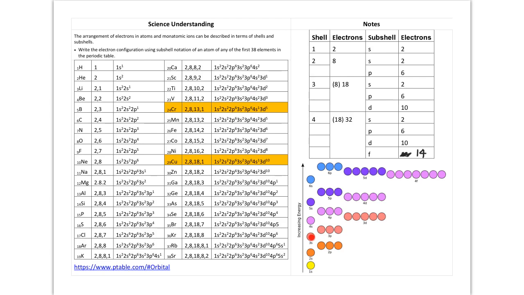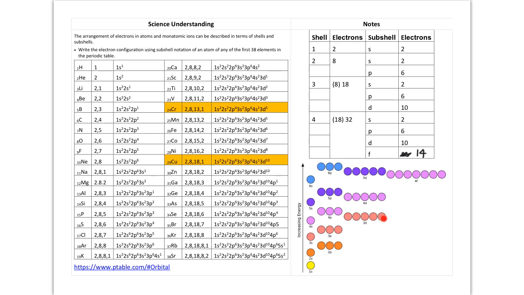Then the third shell fills up. Firstly the 3S, then the 3P. Then after we get 8 electrons there, so that third shell shown with the light red, we get this pinky colour, which is the fourth shell, that starts to fill up. So before the rest of the third shell fills up, the 4S fills up with 2 electrons.